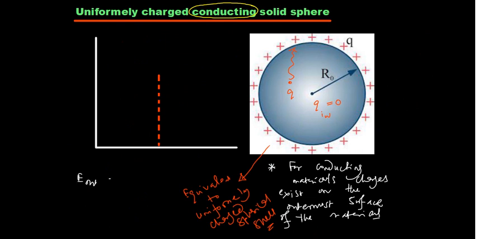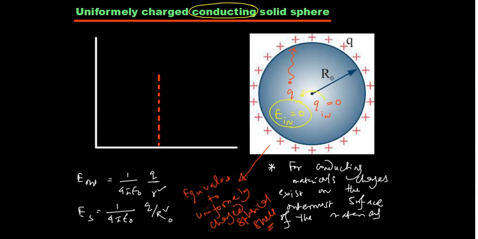E outside is equal to 1 by 4 pi epsilon naught q by small r square. E at the surface is equal to 1 by 4 pi epsilon naught q by R naught square. And as usual, E inside will be equal to 0. No charge inside, no field inside.